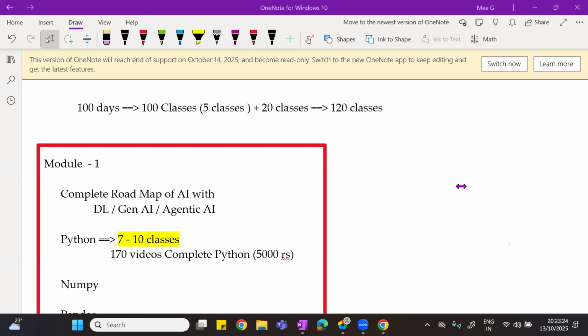Shubham, no, I will not provide them, because I'm not going to take those classes. Obviously, I will not provide it. So this is enough, Naresh. This is more than enough for you.